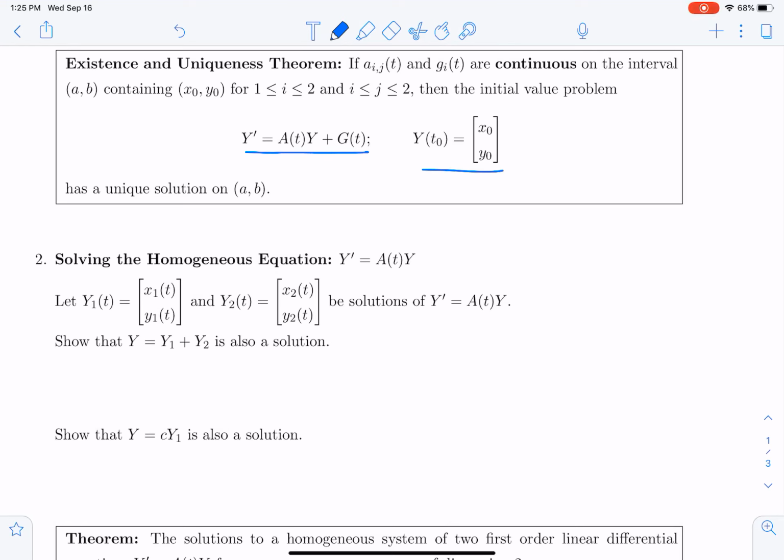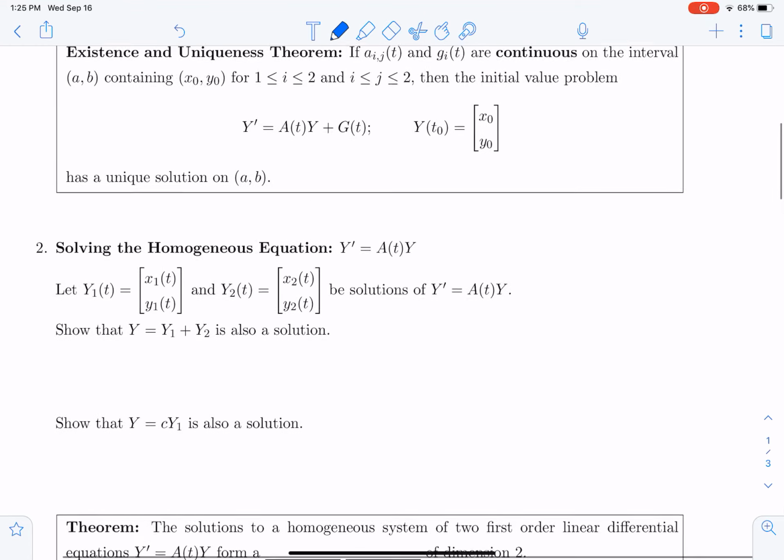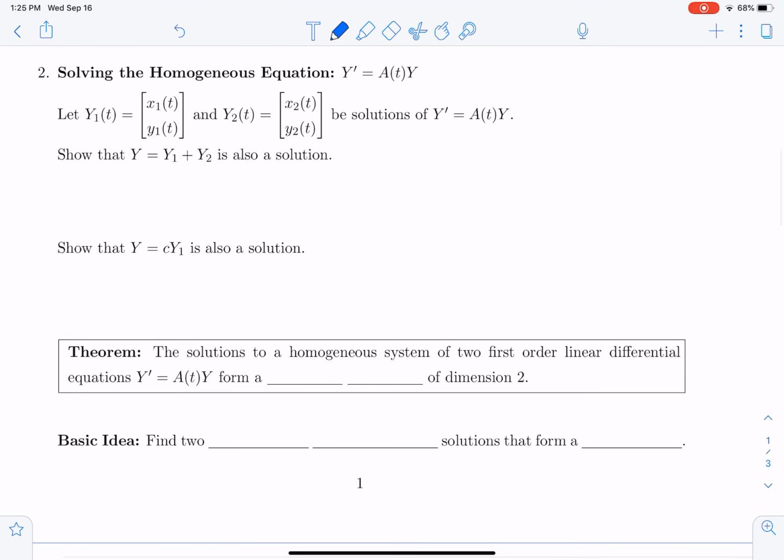Well, just like when we were dealing with second order differential equations, I'm going to work with solving the homogeneous equation first. So first we're going to solve Y prime equals A of t times Y. I'm going to look first at two solutions, I'll call them capital Y1 and capital Y2. Each one of them has components of x and y of t.